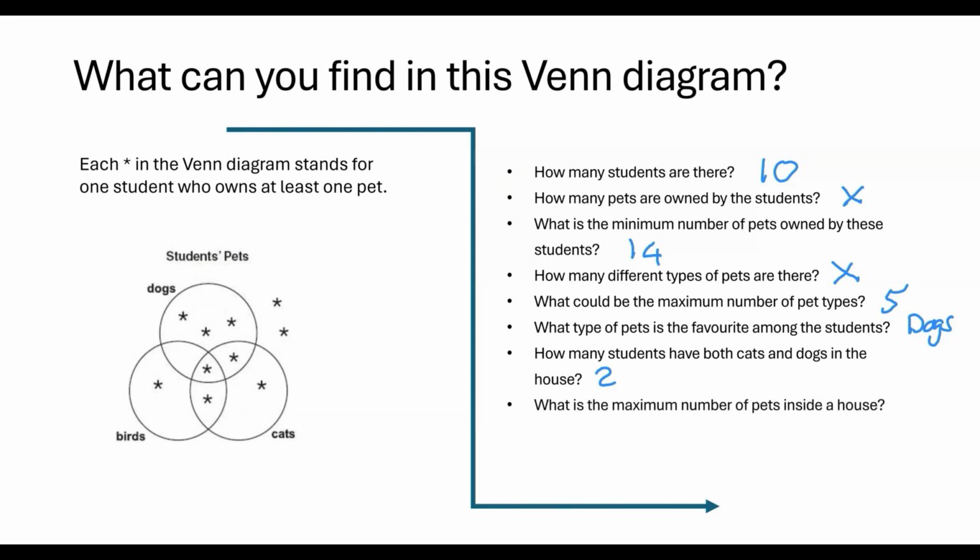What is the maximum number of pets inside a house? Can you answer that question? Well, the question says who own at least 1 pet, and it doesn't say what the maximum is. So no, you can't answer that.